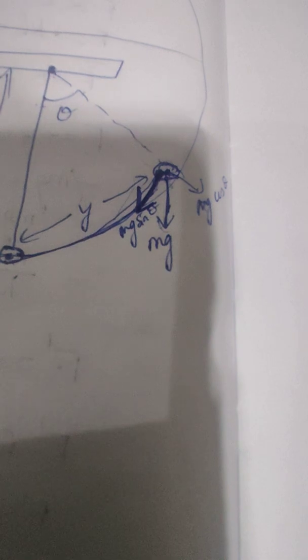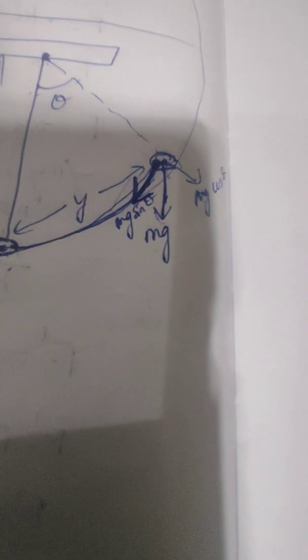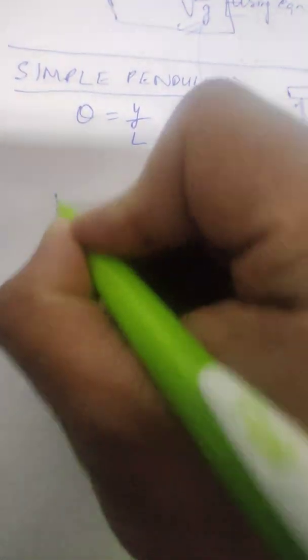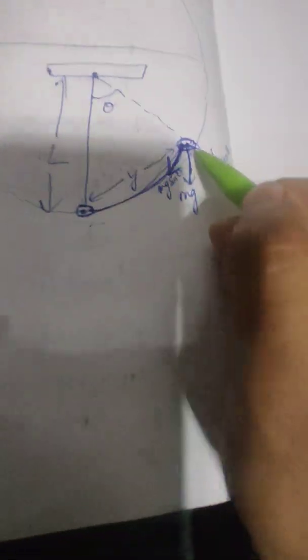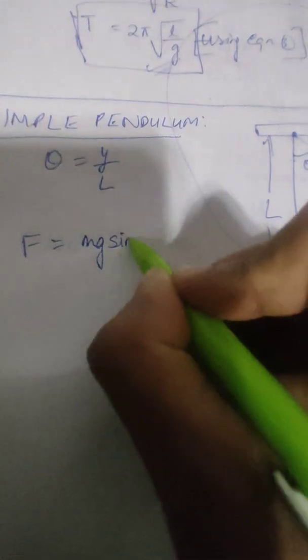Now first let's talk about mg sin theta. What is the force in this direction? The force given by this bob is mass into gravity, but if we take it along this direction, then the force will be mg sin theta.